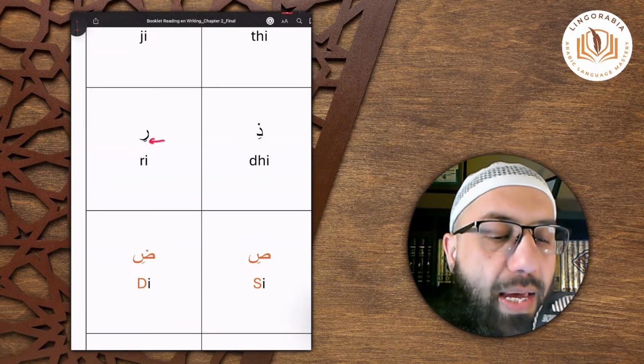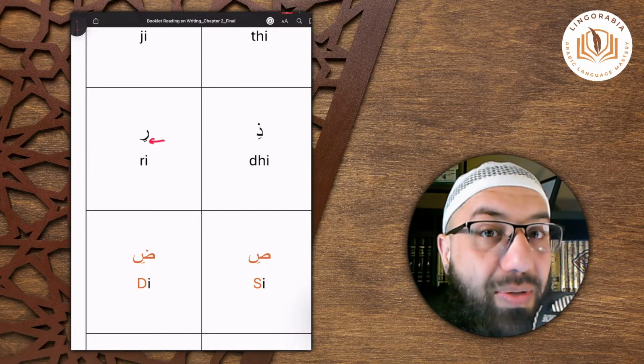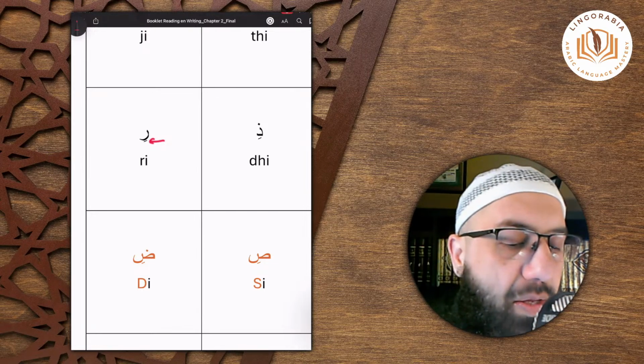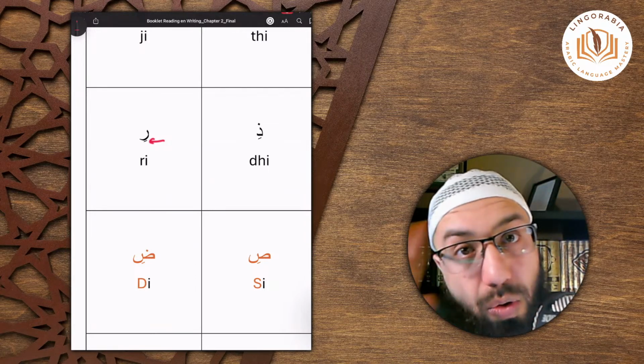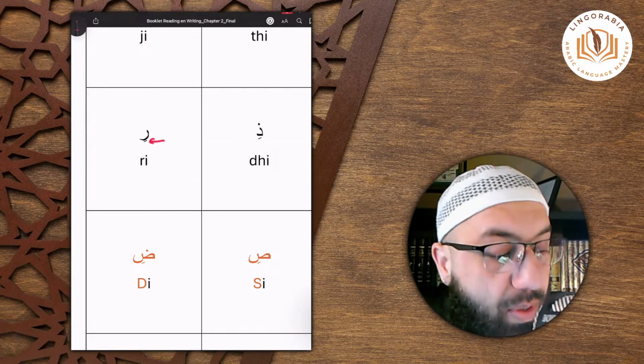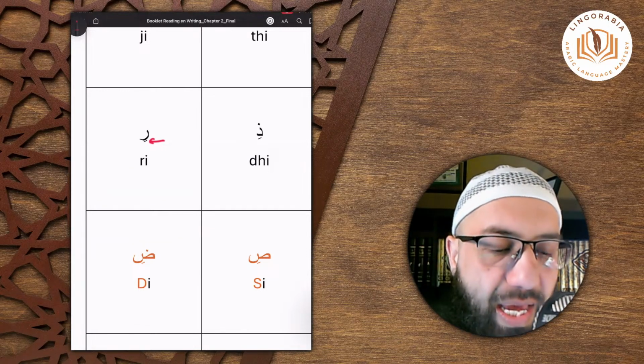The second one is lightly pronounced. So you have to pronounce it heavily with the fatha, with the previous vowel, with a stroke on the letter. Now with this one, you have to pronounce it lightly. So you say ri.